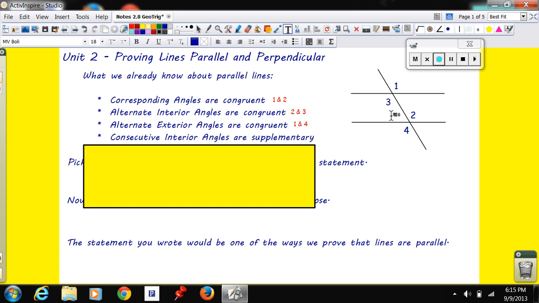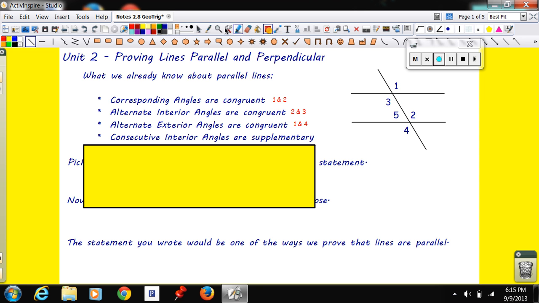I'm going to put another angle right in here. Oops. Let's put this as angle 5. And 5 is acute. But if I look at angle 5, and I put it together with angle 3, those two angles together are going to add up to 180.